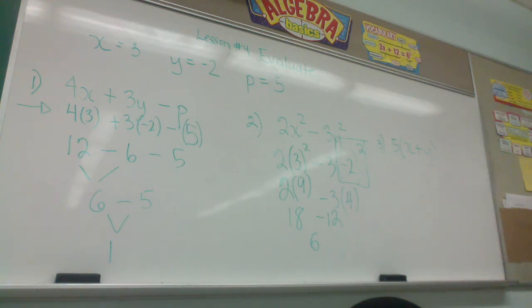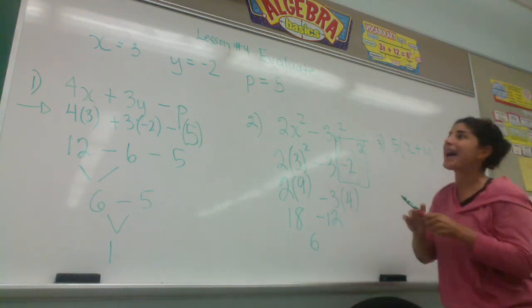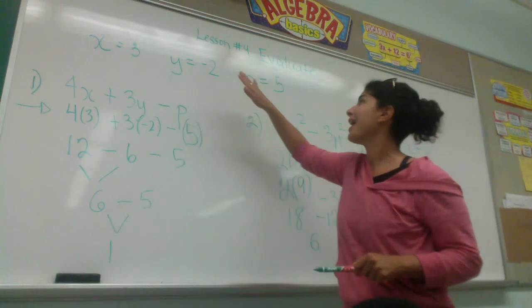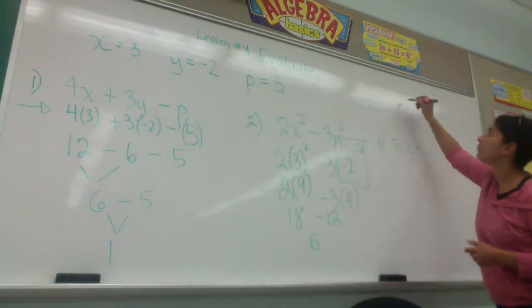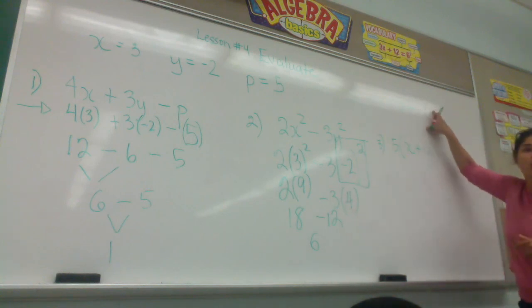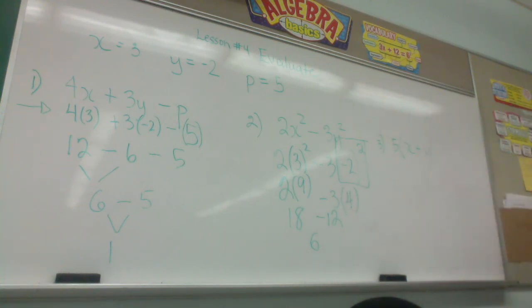And finally, let's look here. This is a plus. That means I'm going to add the 3 and the negative 2. 3 plus negative 2. There's no multiplication. Miss, how come you didn't put brackets?